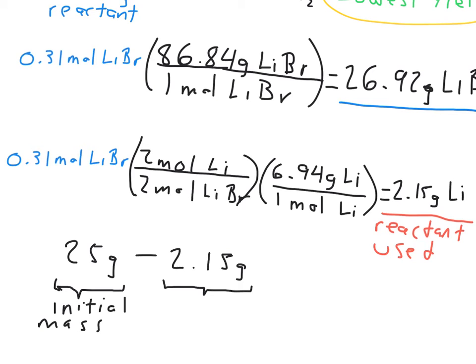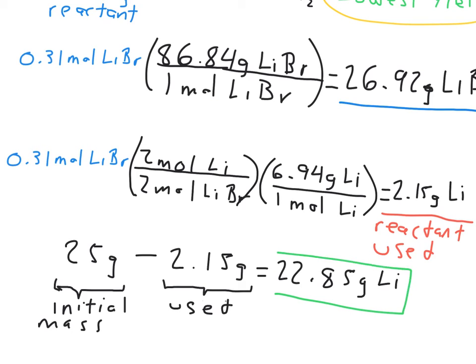Once I do this, I will have the excess mass, that is, the mass that didn't react. So 25 grams minus 2.15 grams gives you a total of 22.85 grams of lithium. This is the excess mass.